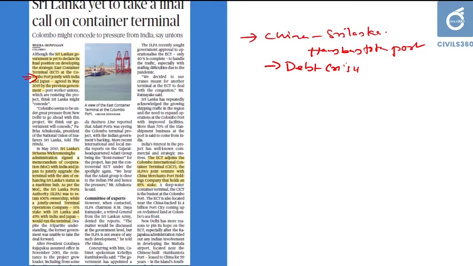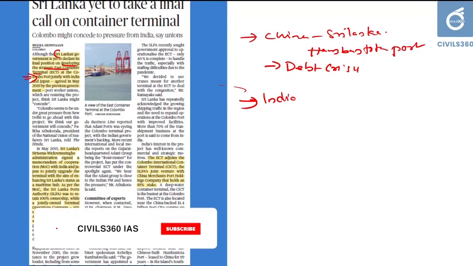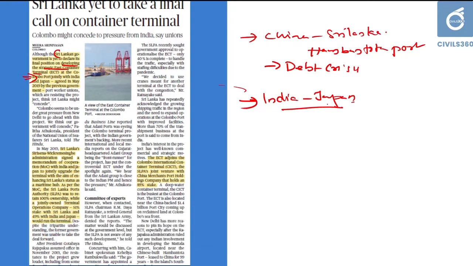And next one is here the issue is Sri Lankan government is yet to declare its final position on developing strategic East Container Terminal with collaboration of India and Japan. India is hopeful to develop this port to contain the influence of China in that region.